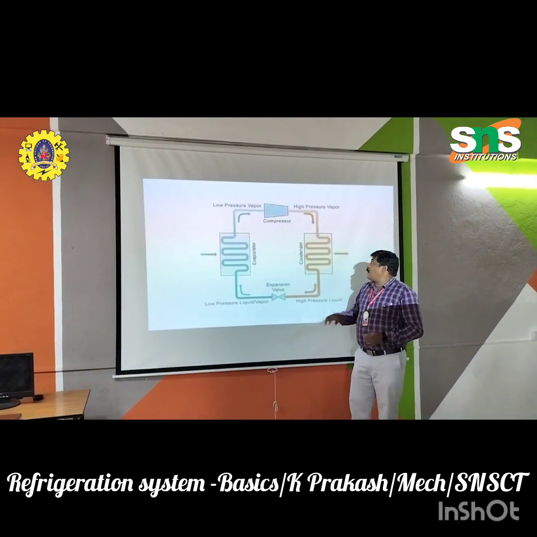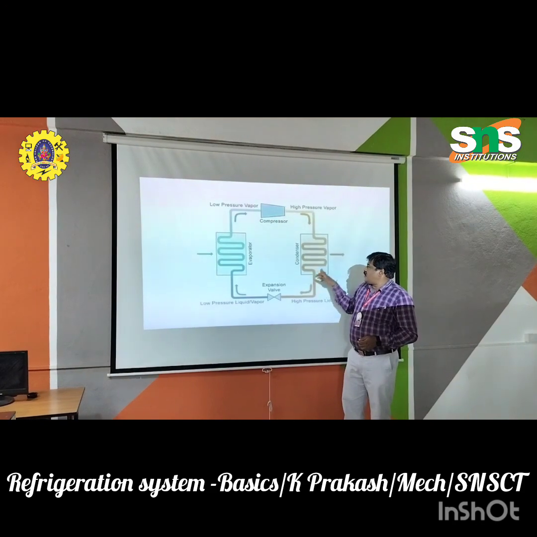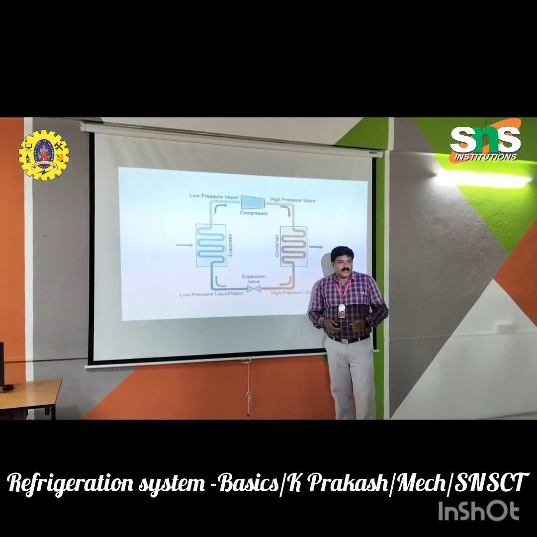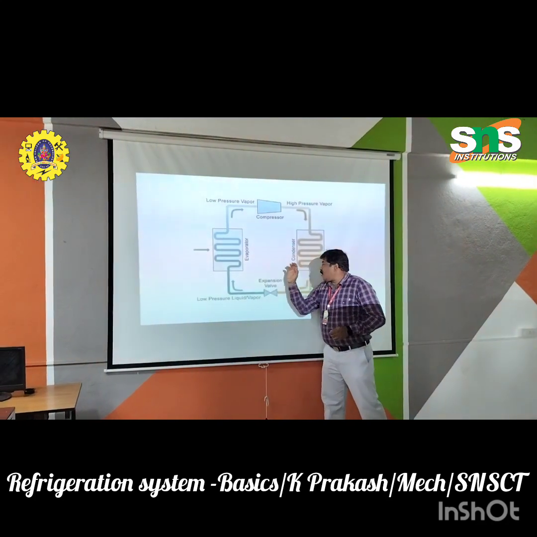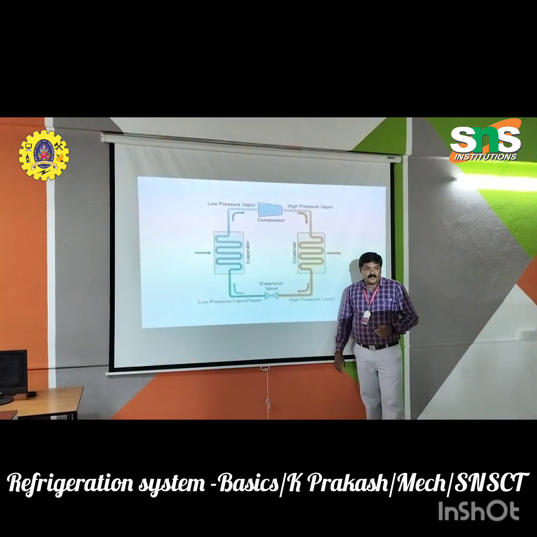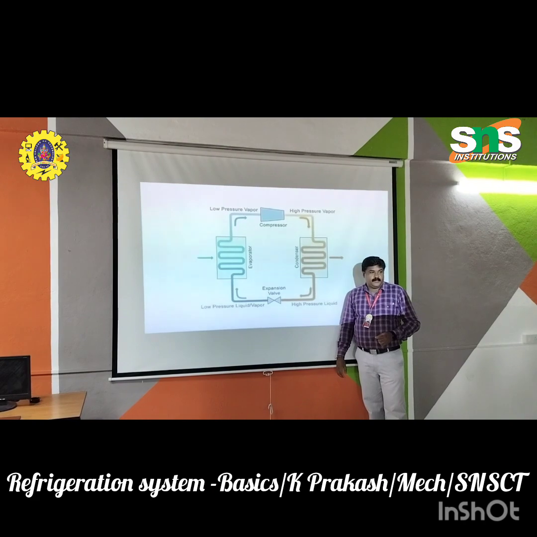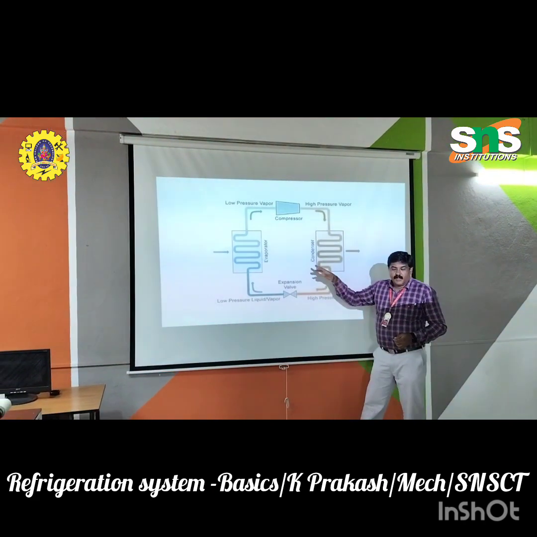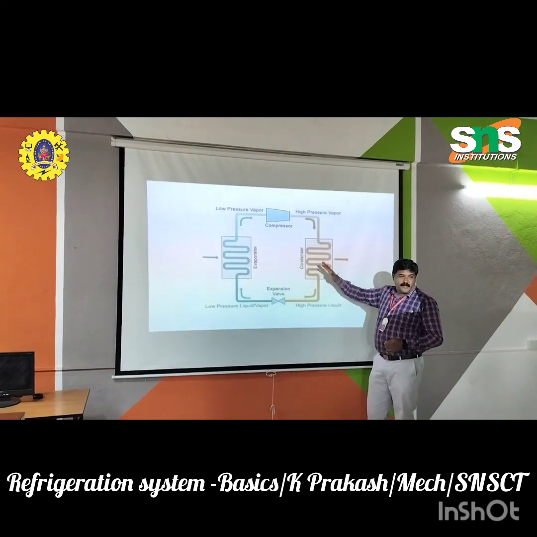Coming to the next one, what is the condenser? Any idea about the condenser? What is the difference between the air mark here and the air mark here? Here heat is absorbed, and here heat is rejected outside.